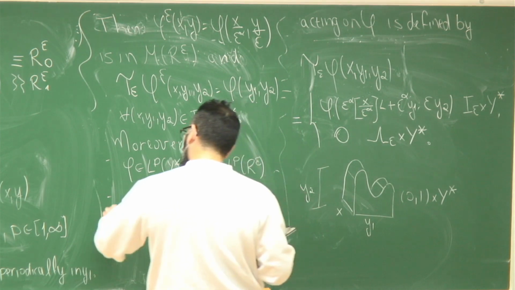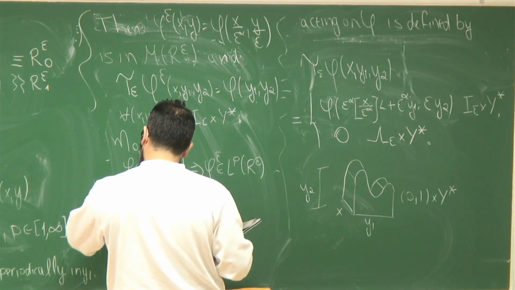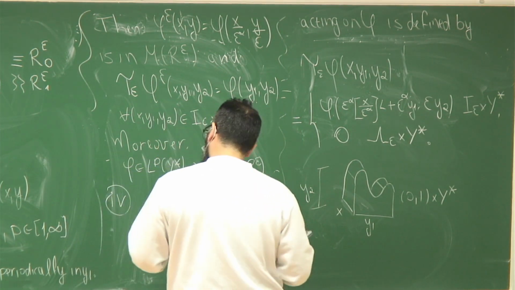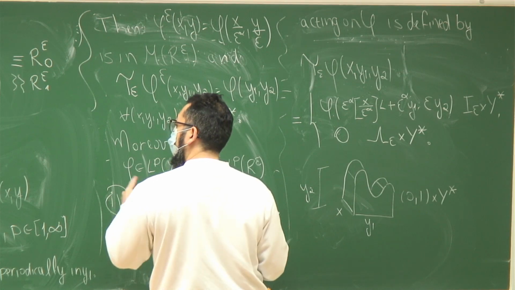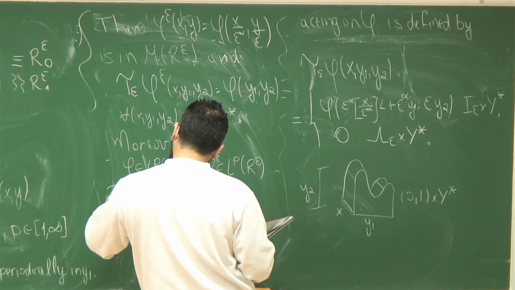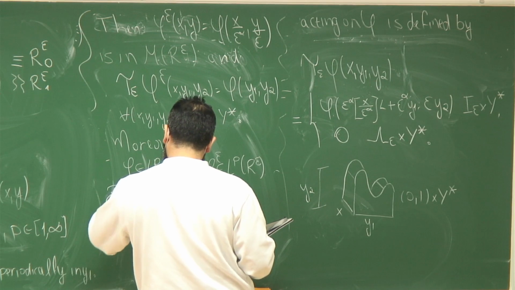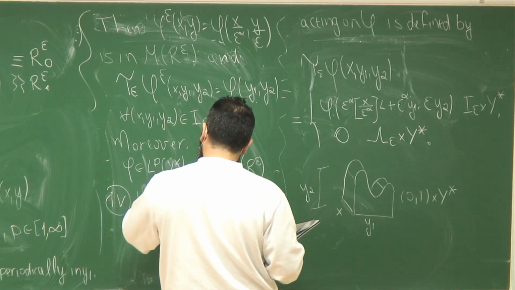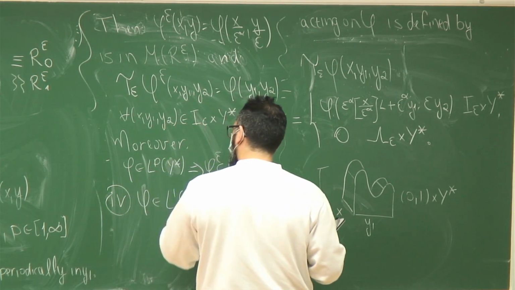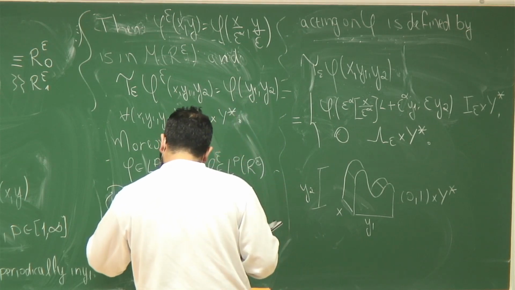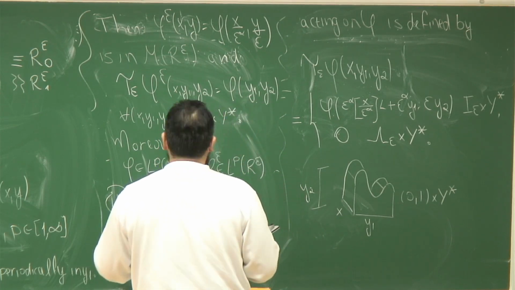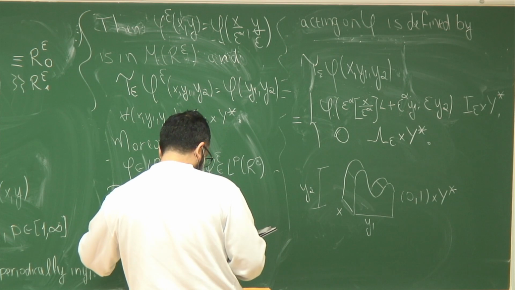So before stating the main property, or before proving the main property, consider a function here. This is the main property. I will try to give an idea of the proof.